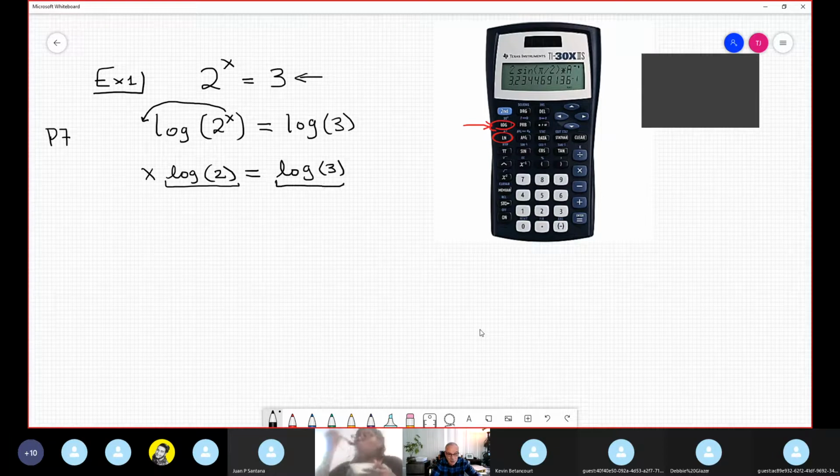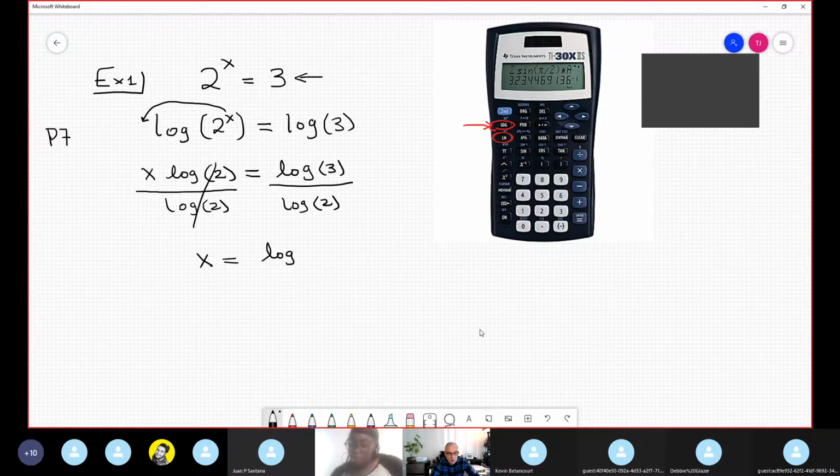Of course, it's a weird number, an irrational number, but you put it in a calculator, right? So now you divide both sides by log of 2, and this cancels out. x is equal to log of 3 divided by log of 2.